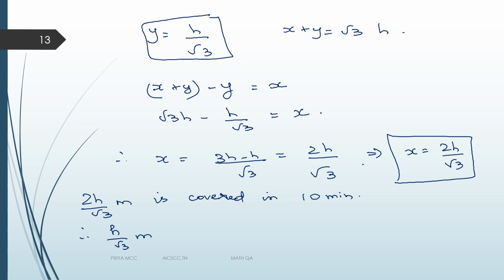How long will he take to reach the shore from this position? So, H by root 3 meters will be covered in H by root 3 into 10 divided by 2H by root 3, so into root 3 by 2H, which is equal to 5. 10 by 2, 5. So, another 5 minutes, the person will reach the shore.